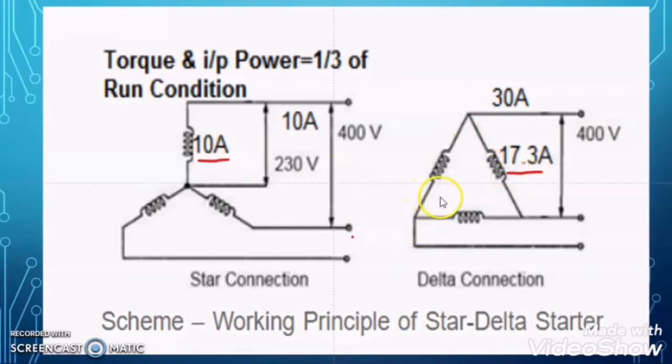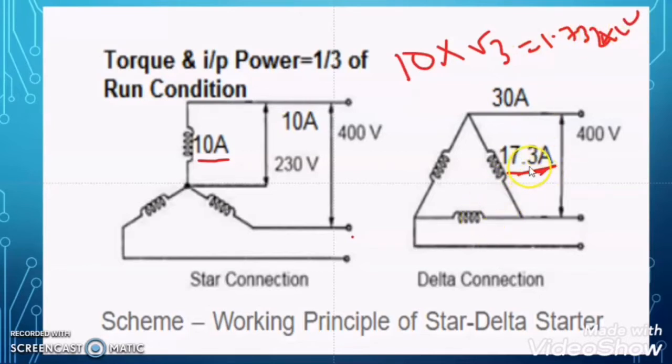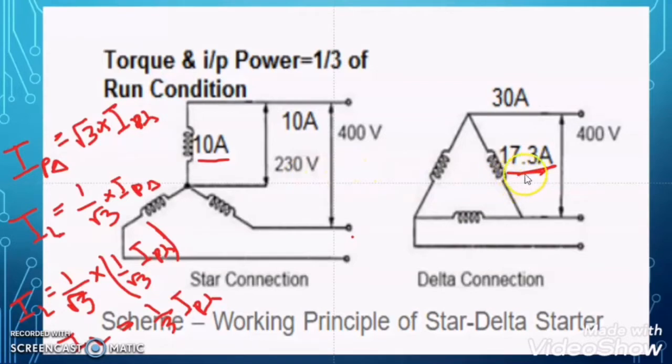Here you can observe that the phase current of the same motor in delta configuration is root 3 times the phase current when that same motor is in star connection, right? Because if we multiply 10 by root 3, that is 1.732 times 10, it comes to 17.3. Here we can notice one more important point, that the line current is equal to root 3 times the phase current in the delta configuration.